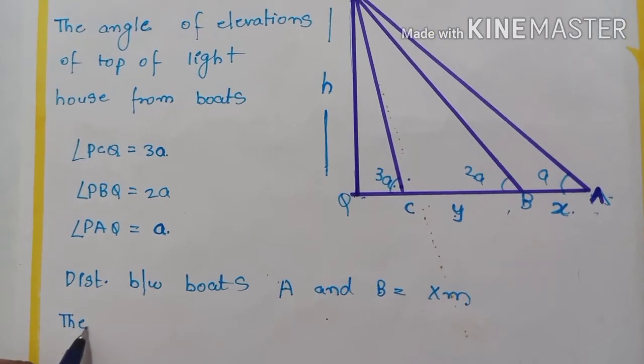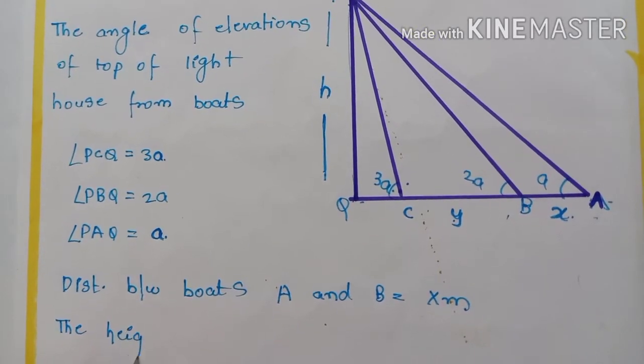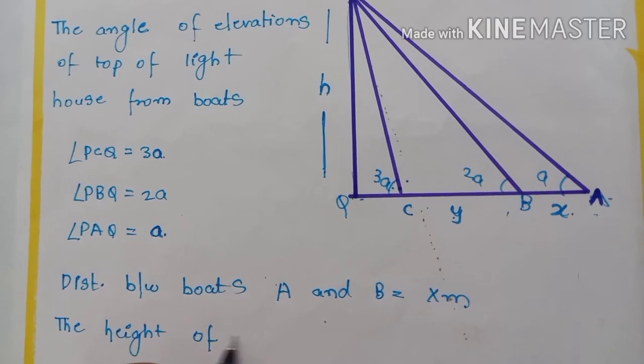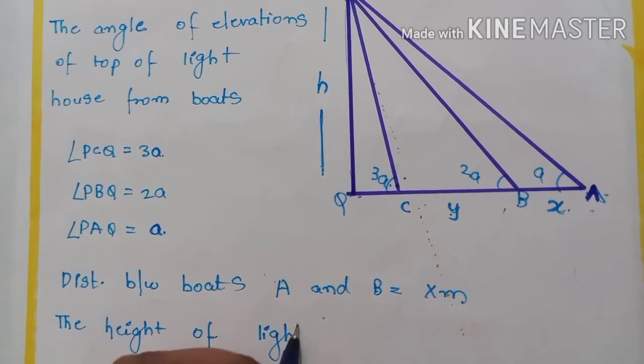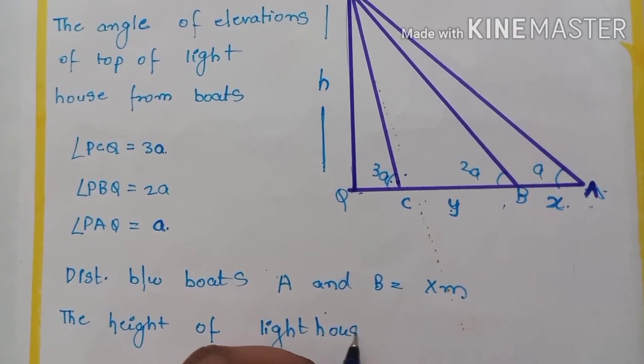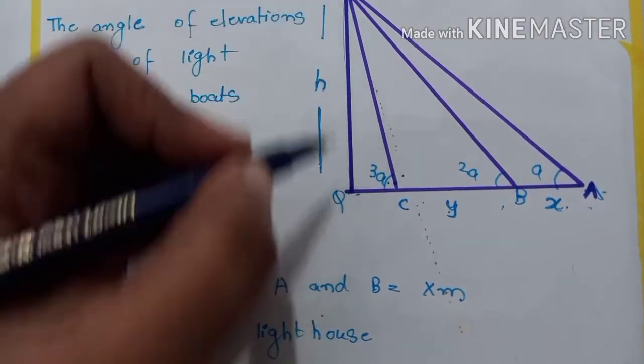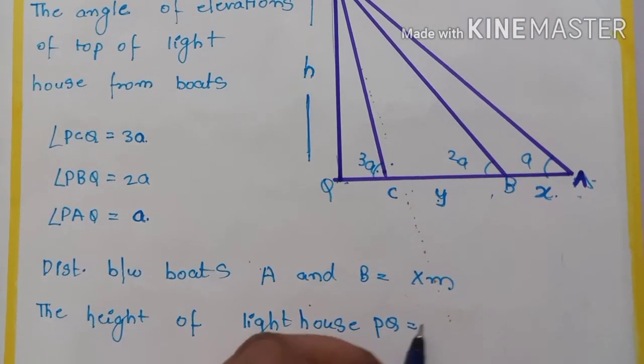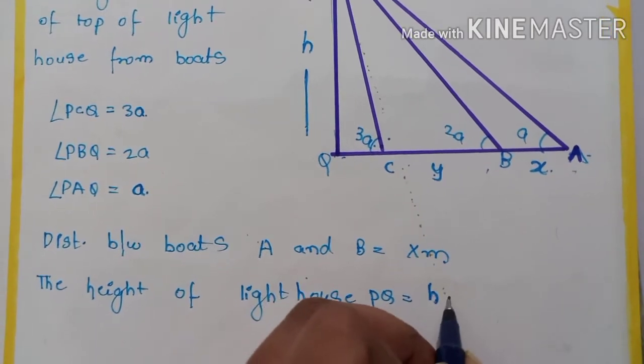So we need to find the height of the lighthouse, which we have assumed as PQ, which is h. This is an unknown value.